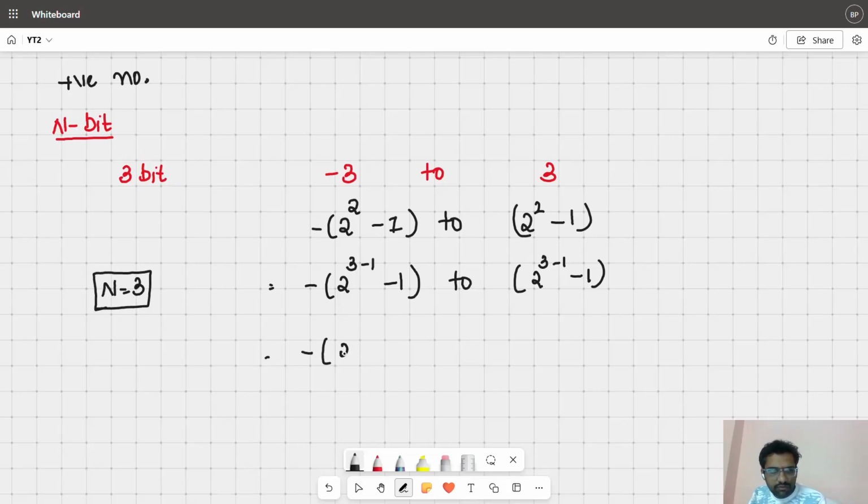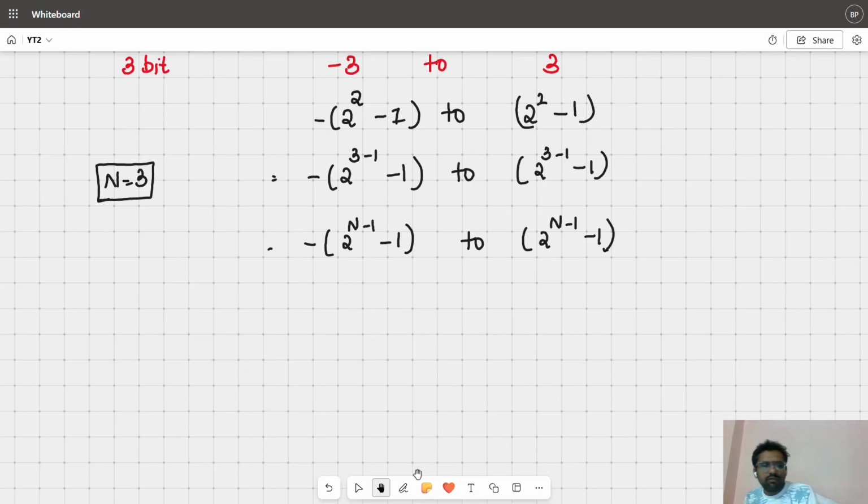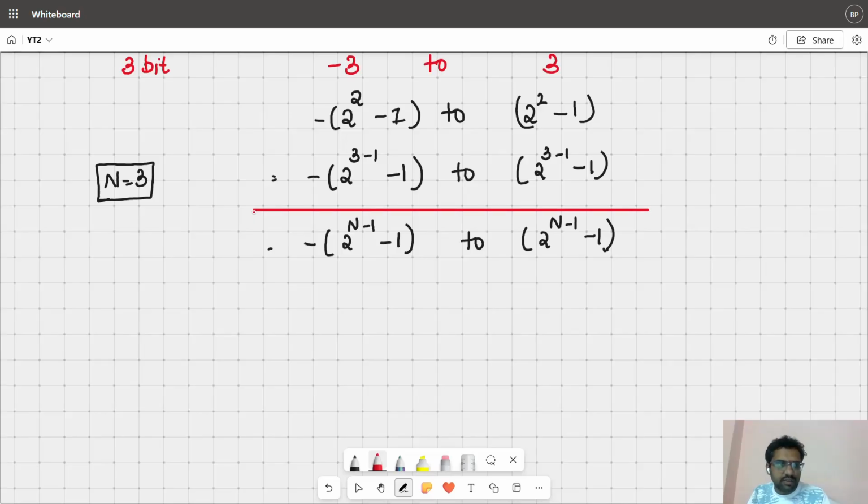Therefore, minus (2 power n minus 1 minus 1) to (2 power n minus 1 minus 1). So this will be the range of representation for ones complement equivalent, which is the same as for the sign magnitude method. So this is the range.